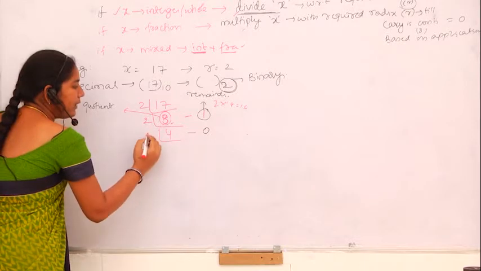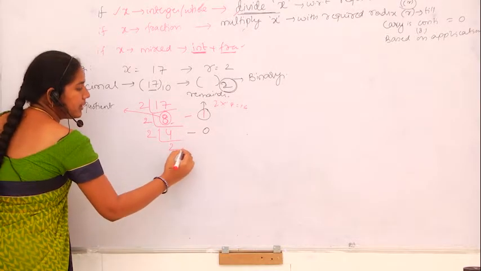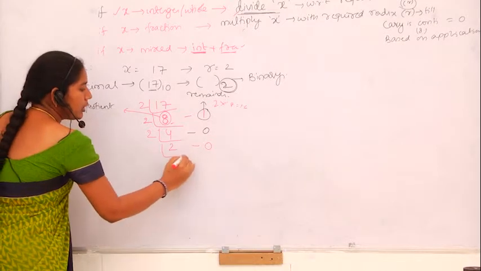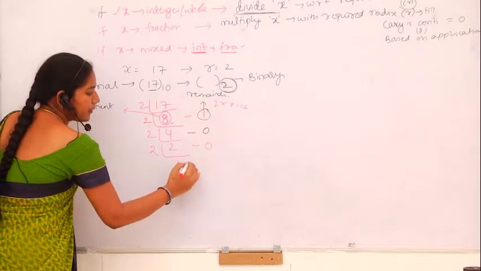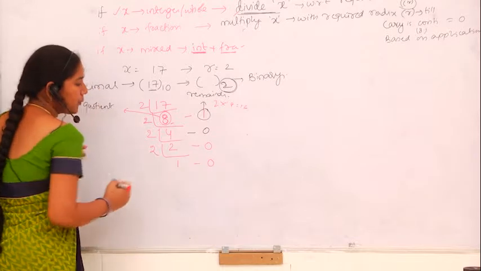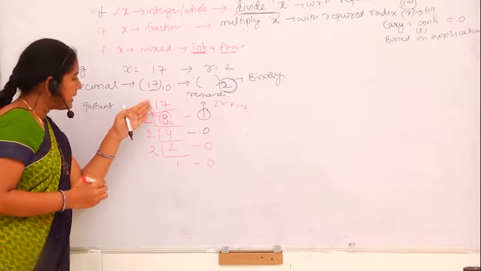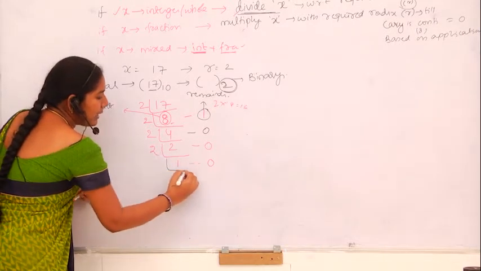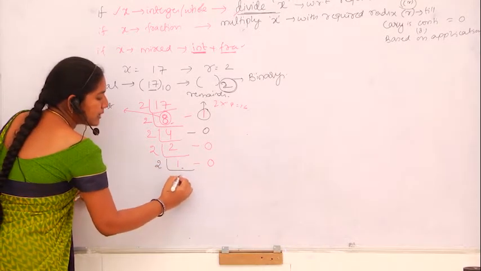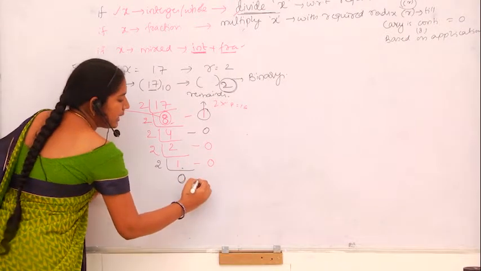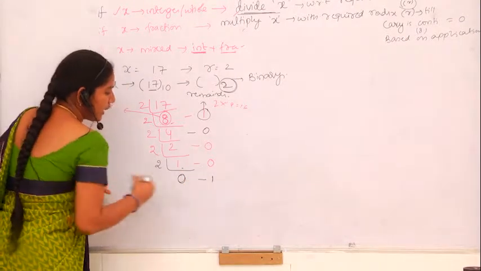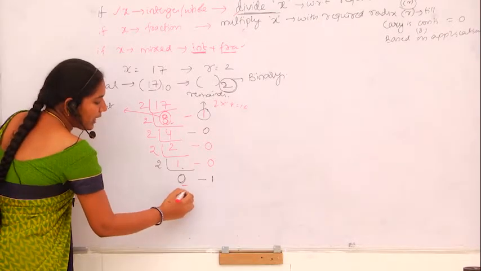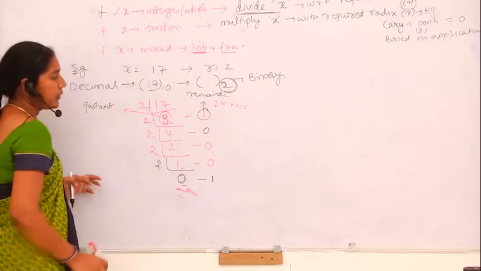Next, again divide with 2. 2 2s are 4 and the remainder becomes 0. 2 1s are 2, then the remainder is 0. We need to do this division process till the quotient is 0. So, 2 0s are 0 and I get my remainder as 1, and here I can stop because my quotient value is equal to 0.